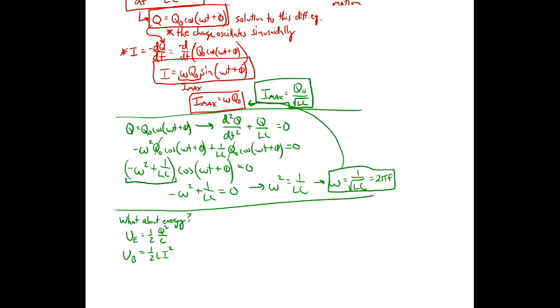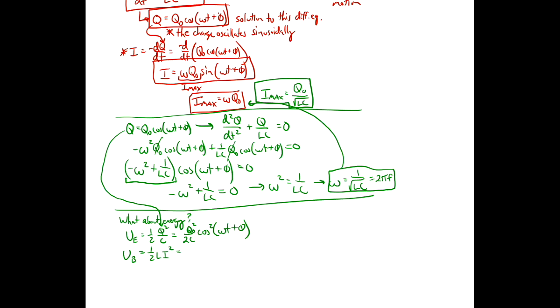So we're using some of the old equations together with everything that we just derived. So I'm going to plug into this first equation for the electric field and how much energy it stores, this equation for charge. So we're going to put it in right there, and then I have 1 over 2C, and there's a Q naught squared times cosine squared of omega t plus phi.